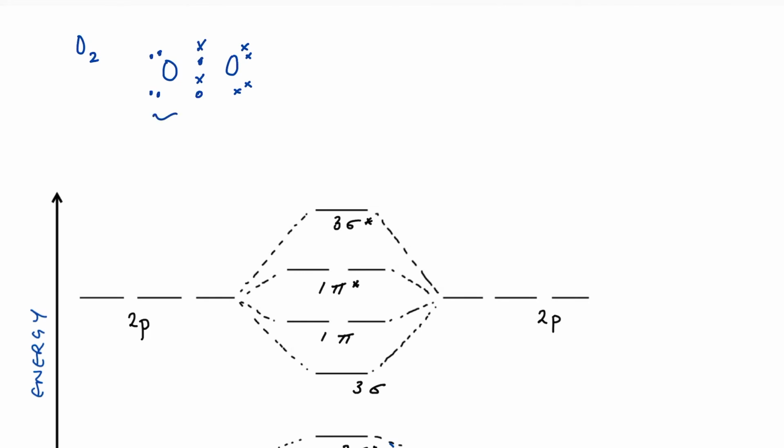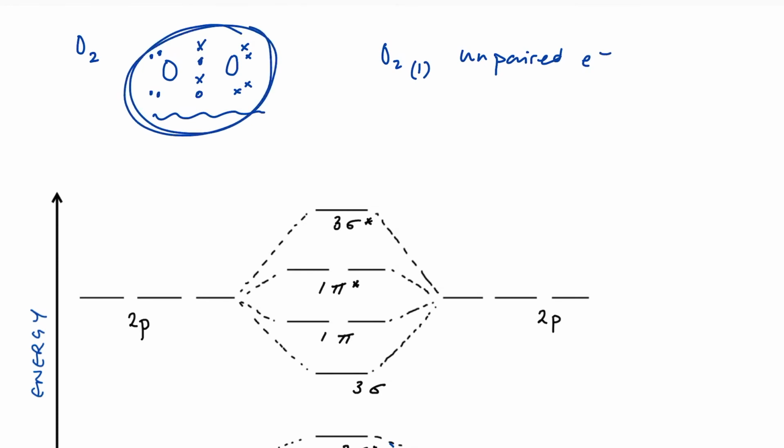Now, this Lewis structure predicts a double bond between the oxygens, but it doesn't explain all the properties of oxygen. One in particular is that liquid oxygen is paramagnetic, which would imply that it's got unpaired electrons. But clearly, when I look at my Lewis structure, that doesn't seem to be the case. I've got 2 bonded pairs and 2 lone pairs on each oxygen.